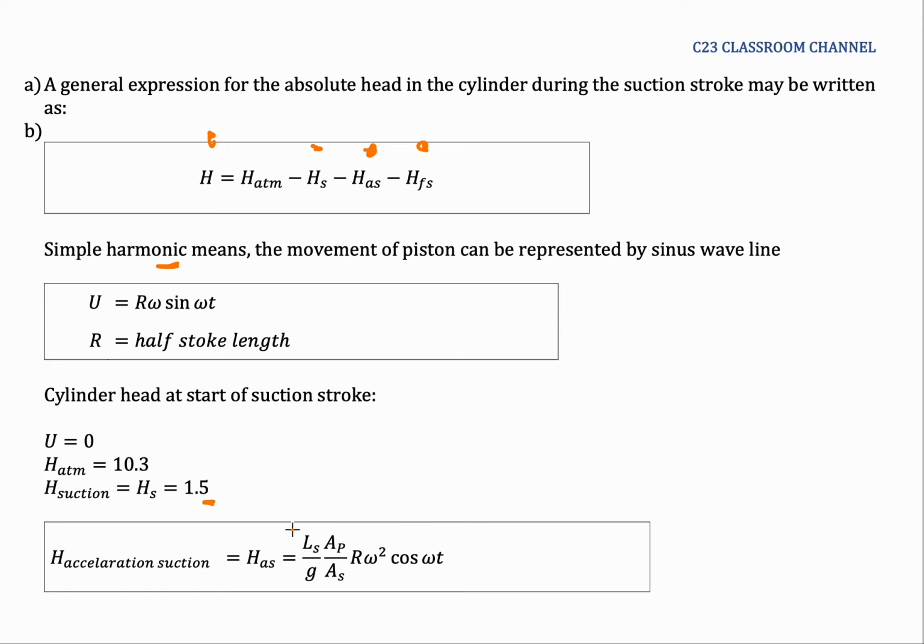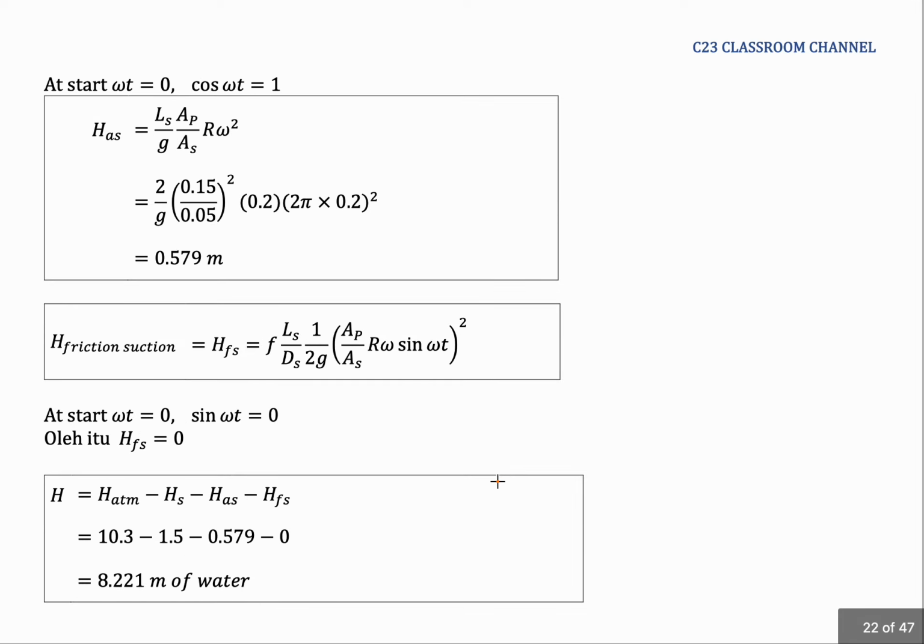The acceleration head can be calculated like this. At the zero angle the value of cos is equal to 1, so we could calculate the acceleration head as 0.579 meter.